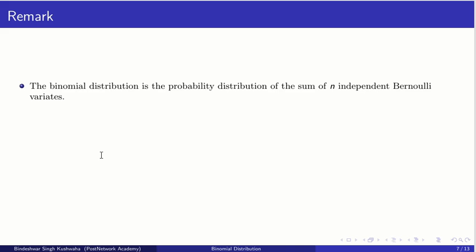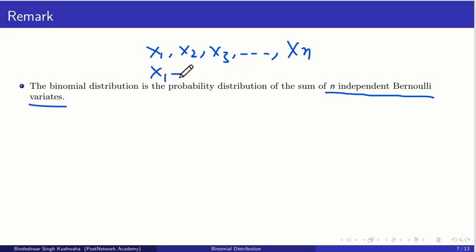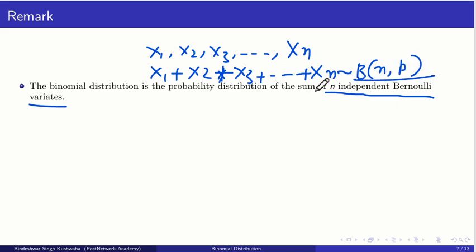So let us see some properties of binomial distribution. The binomial distribution is a probability distribution of the sum of n independent Bernoulli variates. So if the Bernoulli variates are x1, x2, x3, up to xn, their sum x1 plus x2 plus x3 and so on will follow a binomial distribution with parameters n and p.